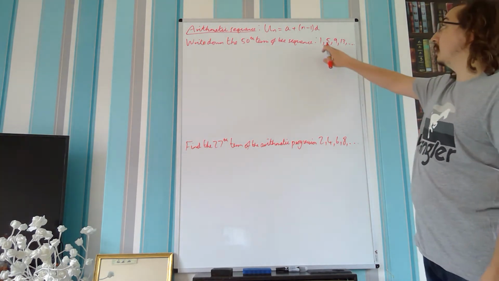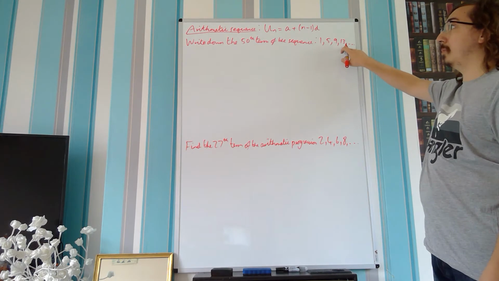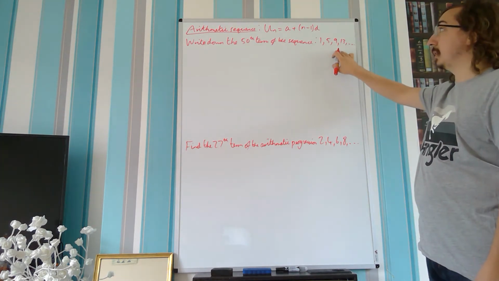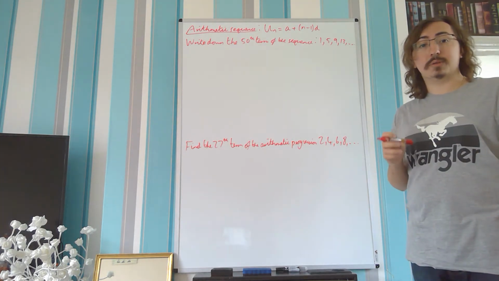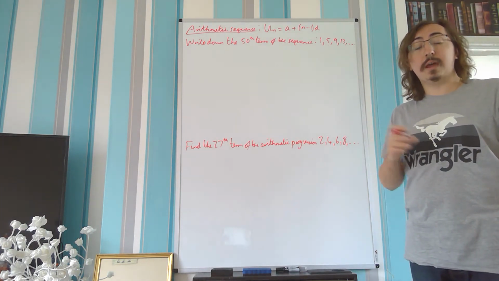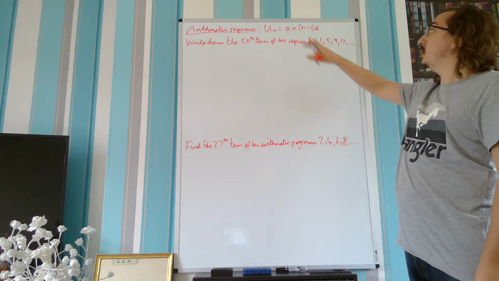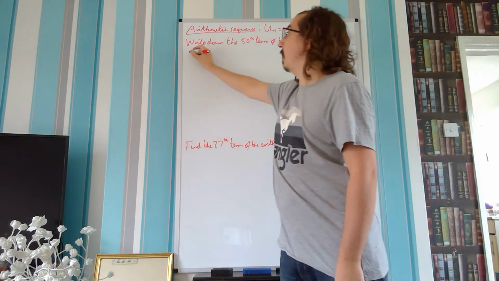Because this is a sequence going up in 4s each time, it must be an arithmetic sequence, and if it's an arithmetic sequence, we can use the formula u_n = a + (n - 1)d in order to find the nth term. To use this formula, we need to define our first two values.